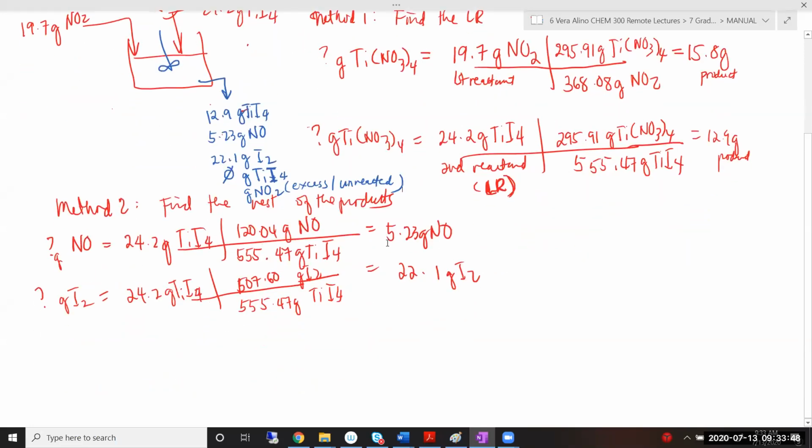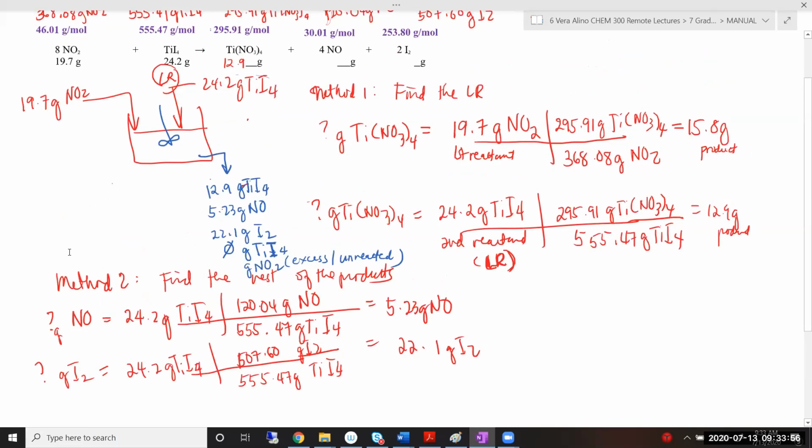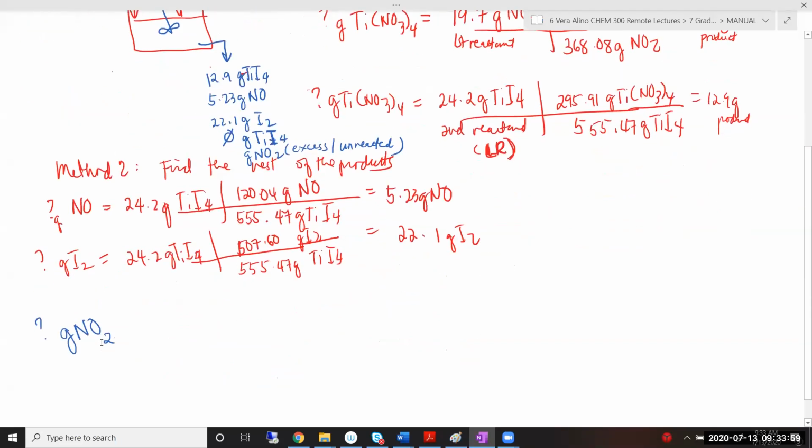So we could do it in two ways. We can calculate for the amount of NO2 that is used up in the reaction, based on the limiting reactant.